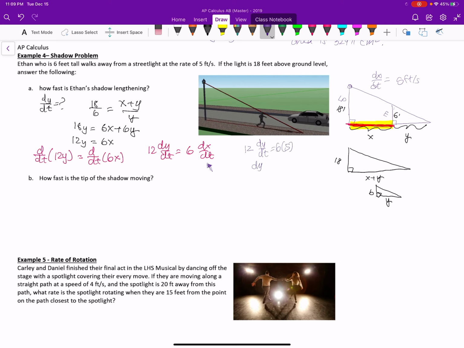Then dy/dt would equal 30 over 12. And it should be positive because his shadow is lengthening. 6 goes into both of them, so it would be 5 over 2. So 2.5 feet per second.